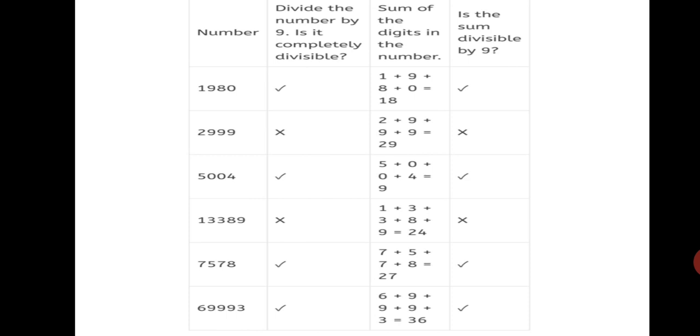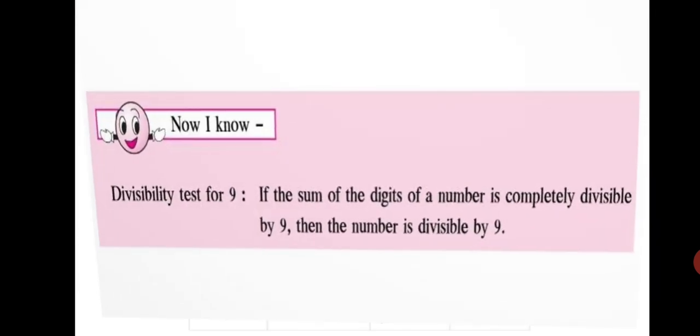By adding the digits we get a very small number, so it is easy to find out whether that number is divisible. That's why we add. This addition rule you can apply only for the test of divisibility by 3 and by 9. So let's see what we have learnt now.